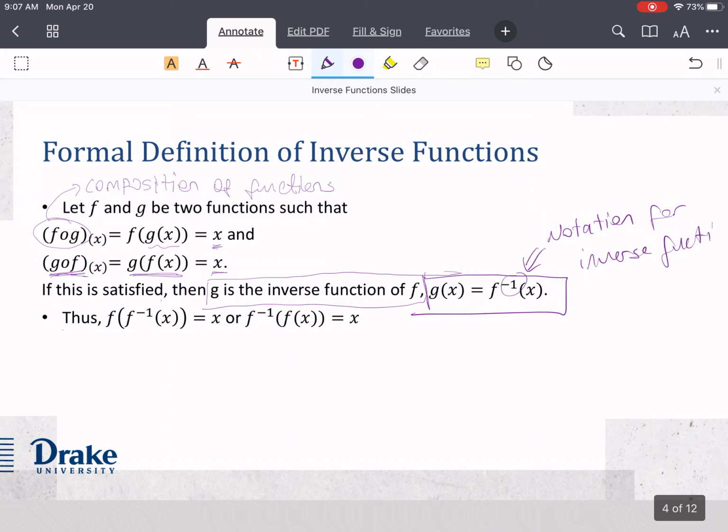For this reason, we can say that f of f inverse of x equals x, or f inverse of f of x is the same thing as x. So this notation might seem a little bit confusing, but if we take a look at this analogy of using these sets, it might make more sense.